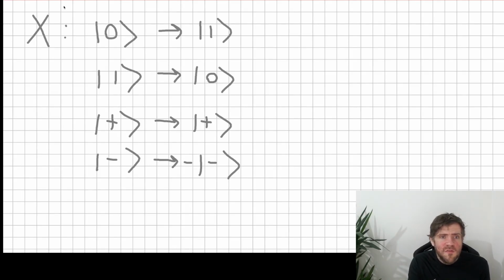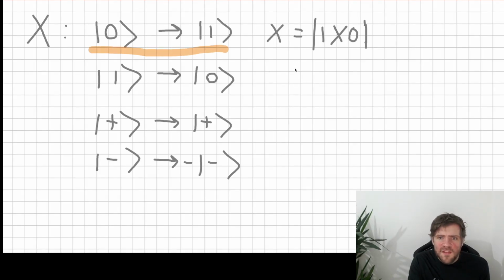And of course, we've been using exactly these basis transformations as a way of writing down the effects of the X in previous lectures. We've been writing down X is equal to 0 outer producted with 1, because this outer product describes exactly this effect.